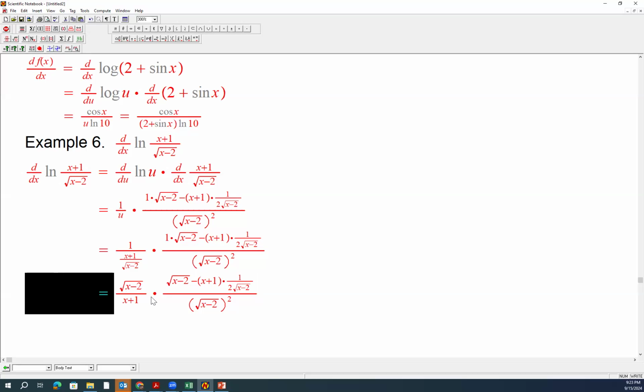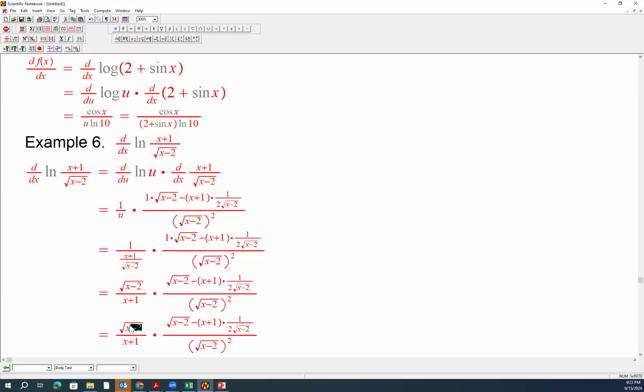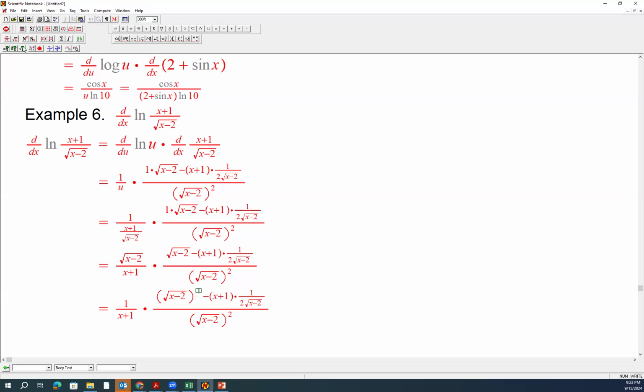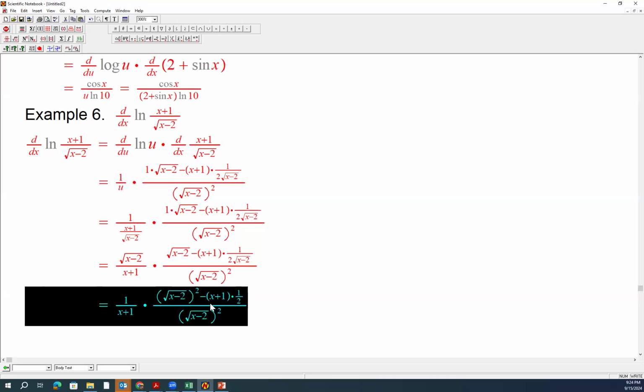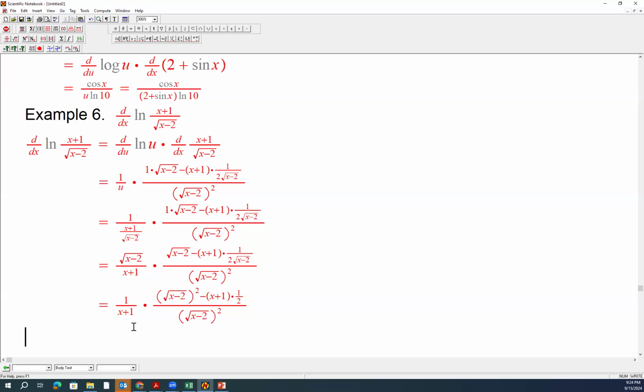So I'm going to multiply that on 2 terms. This piece, multiply that, would turn into squared. I multiply the second term, I got this. And root x minus 2 and root x minus 2 will reduce. And of course, we have a 2 here. But let's not worry about it too much. We'll get there.